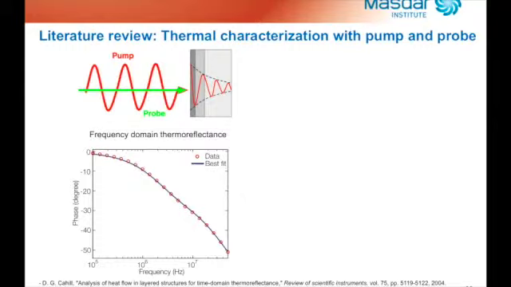In frequency domain thermoreflectance, the power and the intensity of the pump is sinusoidally modulated, and what we measure is the phase difference between what is measured with the probe and what is used to modulate the pump. This measurement can be done at different frequencies, as can be seen in this graph, from frequencies on the order of 10 to the 5 to the order of 10 to the 7 Hertz.